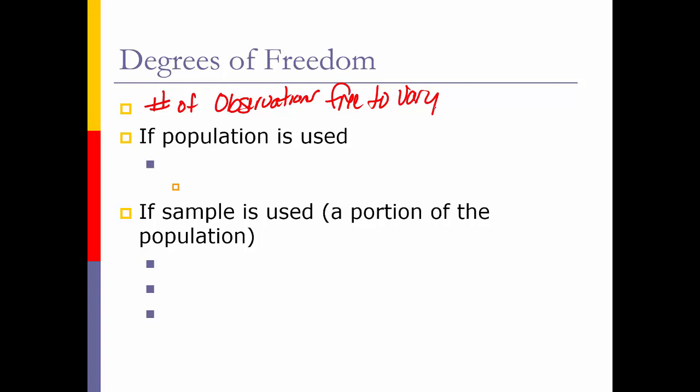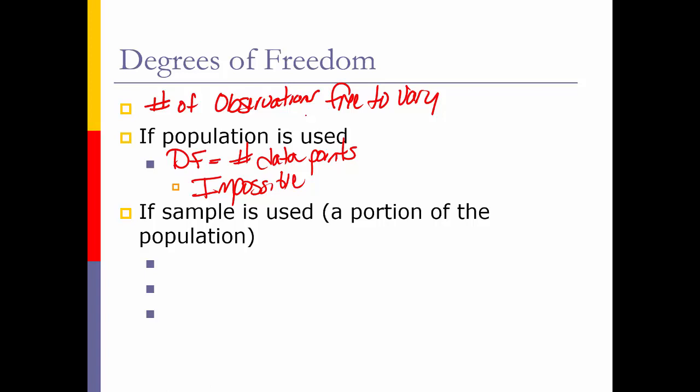So if you're going to use a population, your degrees of freedom is essentially going to be equal to the number of data points you have. But as we talked about, that's nearly impossible to collect. So we're usually always going to be using a sample.